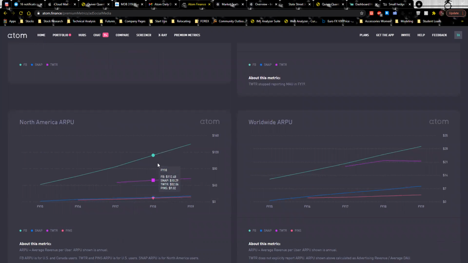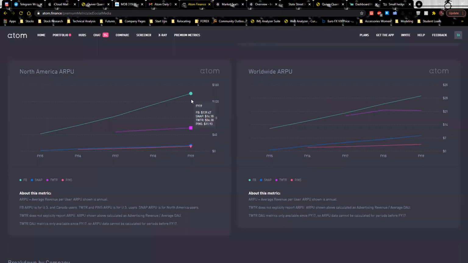But we can see here, for North America, the average revenue per user for the different apps. Facebook, of course, is making extra money. Snap is making a good amount of profit. Twitter is making more, so that definitely needs to be updated. But nice. We see that Facebook is of course in the lead, then you got Twitter, then Snap, and then Pinterest.